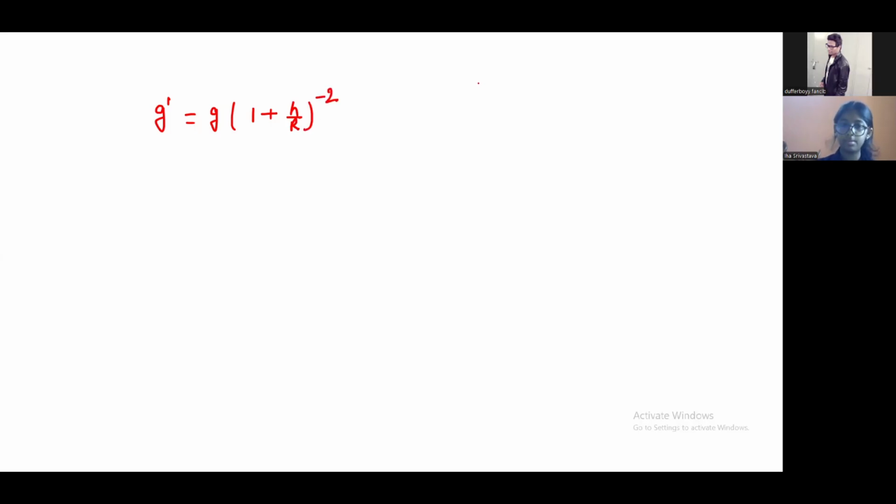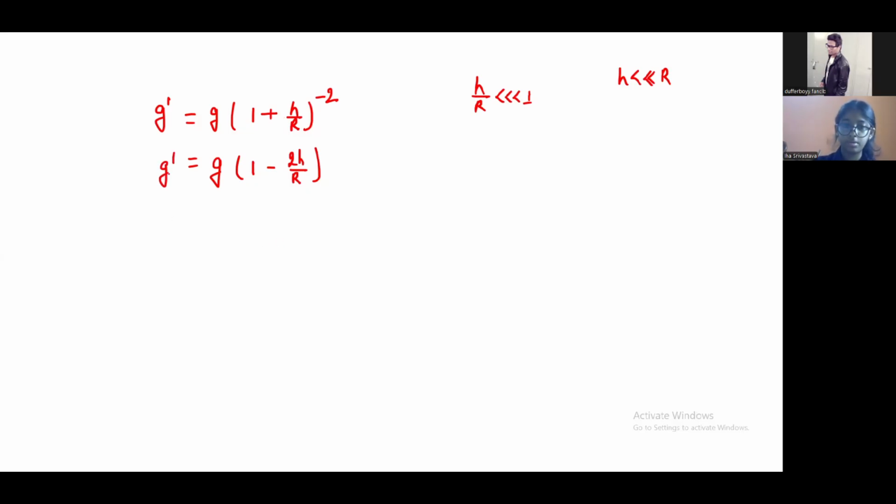And h by R is a very small value, very much less than 1, because h is less than R. So we can use the binomial expansion approximately and we get 1 minus 2h by R, since the minus power converts the sign.